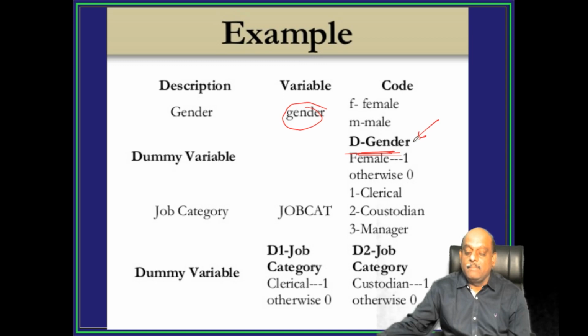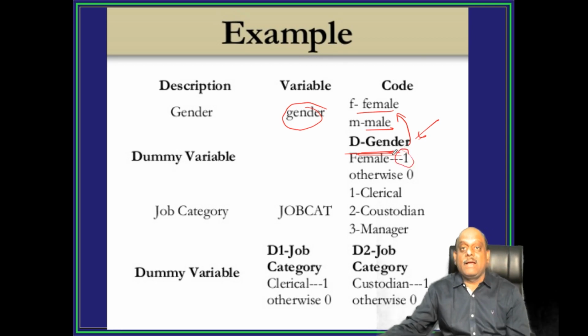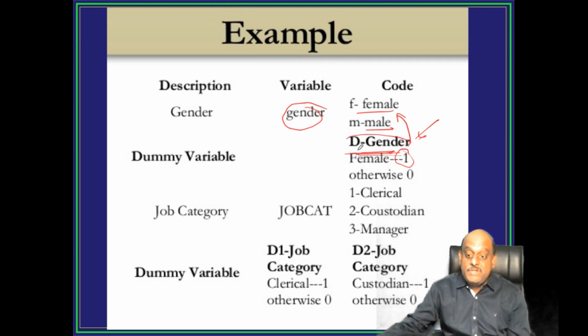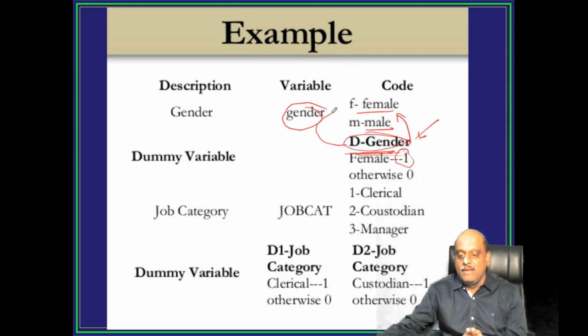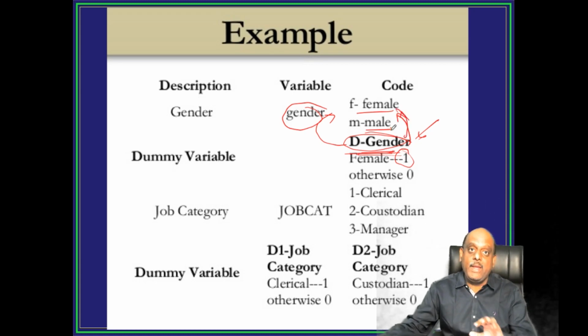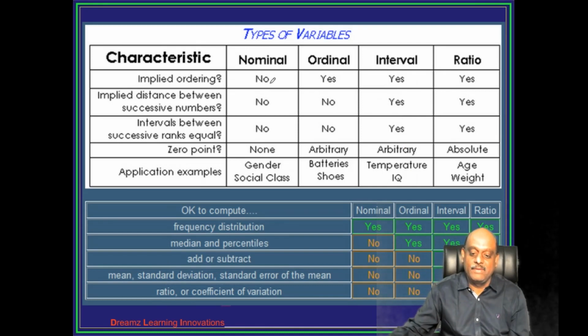You can convert that into female or male, then it can become 1 female, 2 females, 3 females, 5 females. So gender is a dummy variable, which is a qualitative variable that can be converted into a quantitative variable.